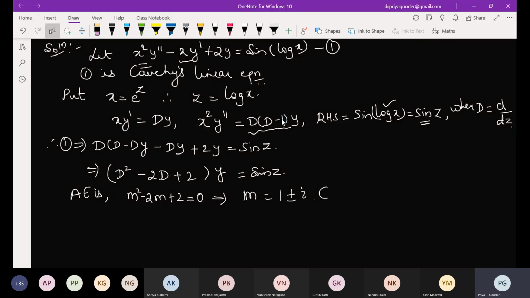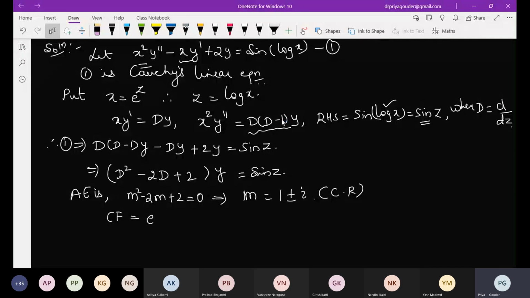Which type of roots? Complex roots. How do you write the CF for complex roots? The real and imaginary parts are both 1 and 1. So it is e raised to 1x, C1 cos x plus C2 sin x.